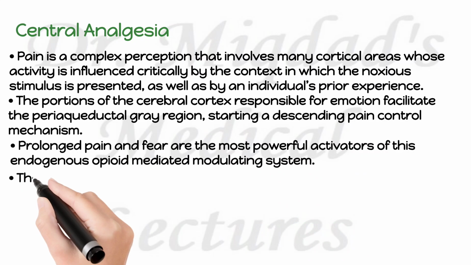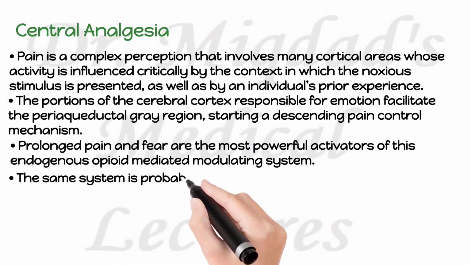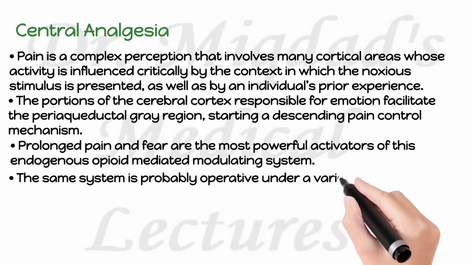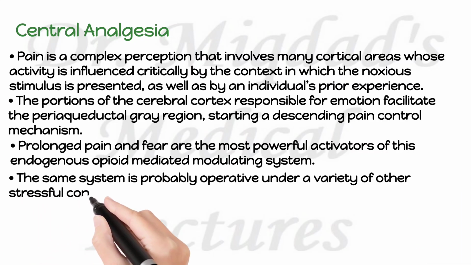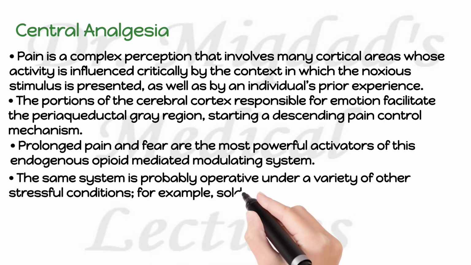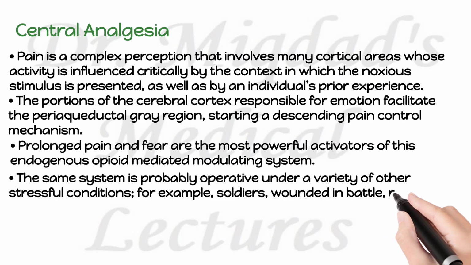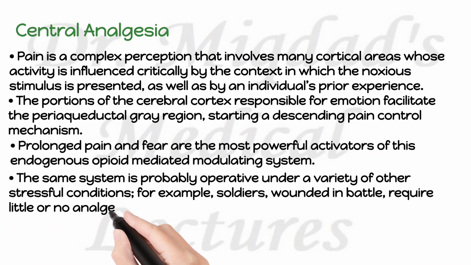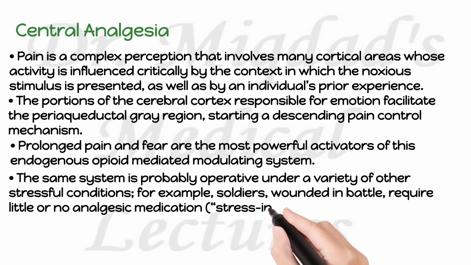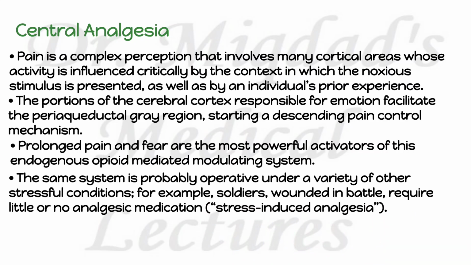The same system is probably operative under a variety of other stressful conditions. For example, soldiers wounded in battle require little or no analgesic medication. This is called stress-induced analgesia.